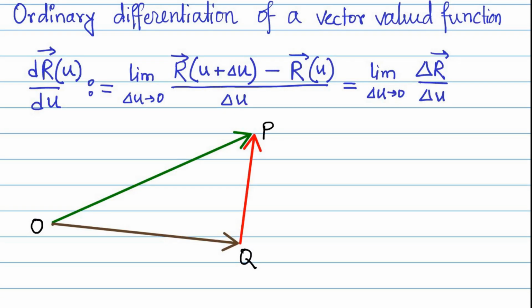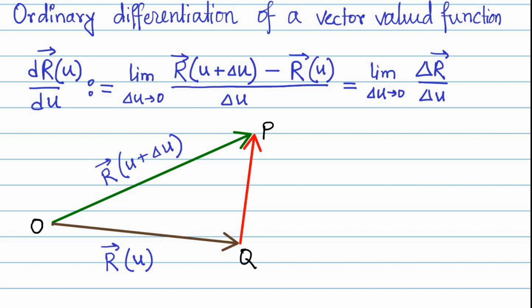Diagrammatically, we can show this operation the following way. Let us take the vector OQ to be the vector r with its argument being u, and when it's being changed, the value of the argument changes from u to u plus delta u, we have another, new vector, which is denoted as follows: r of u plus delta u.